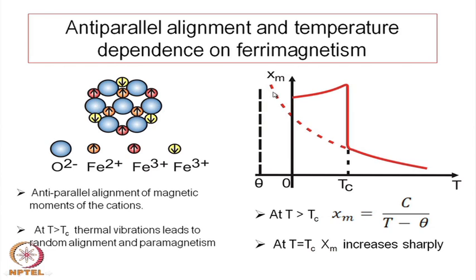This is related to the Curie law, and ferrimagnetism is prominent here. Above Tc, there is paramagnetism, once again the reason basically being thermal vibration. So, this ordering no longer exists, it becomes disordered, and you get a very low magnetization.